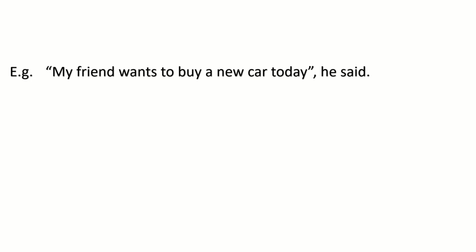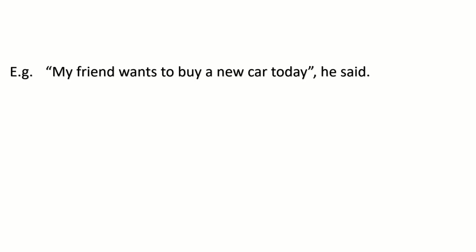My friend wants to buy a new car today. He said, in this sentence, he is the speaker. So, my friend in the direct speech is the friend of the speaker, right? So, wants is the present simple tense, right?